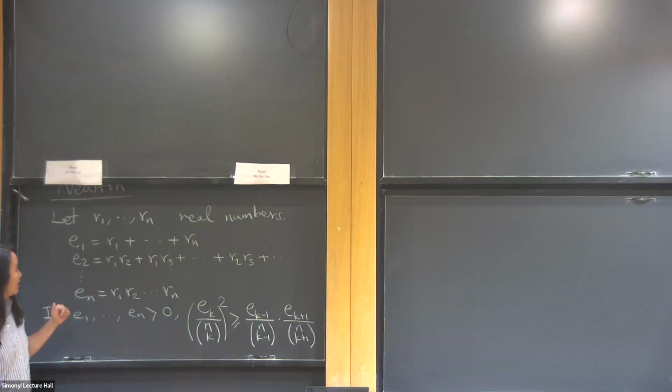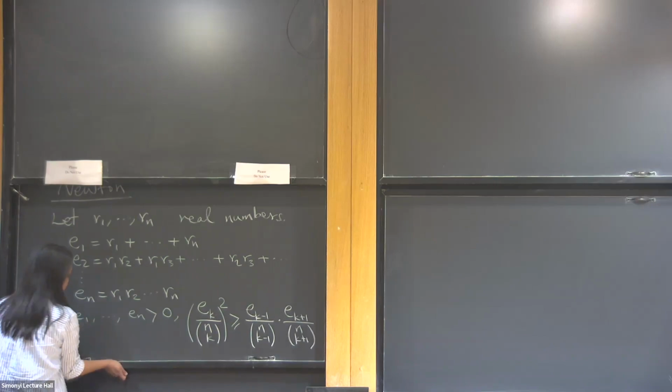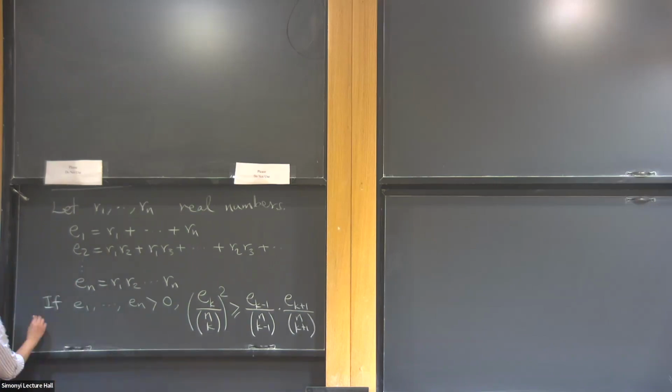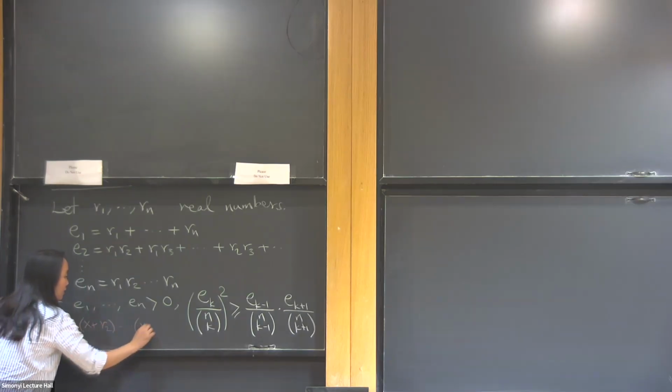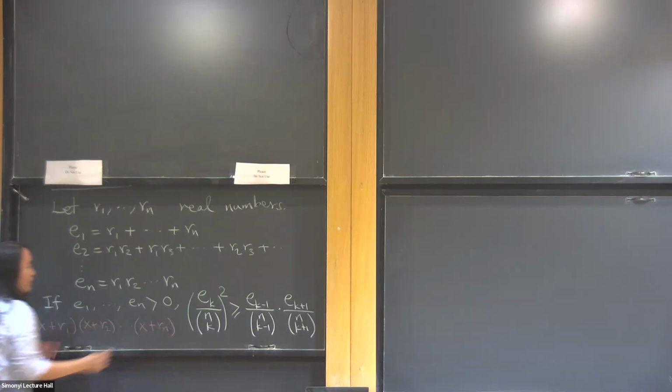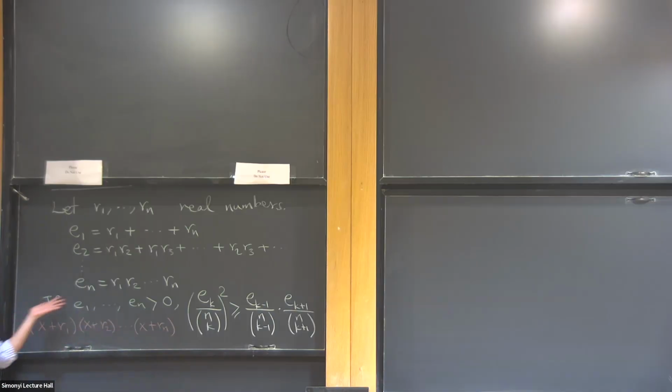Another way to think about this is that if I have a polynomial, if I look at the polynomial (x + r1)(x + r2) and so on up to (x + rn), these e's are the coefficients of this univariate polynomial.